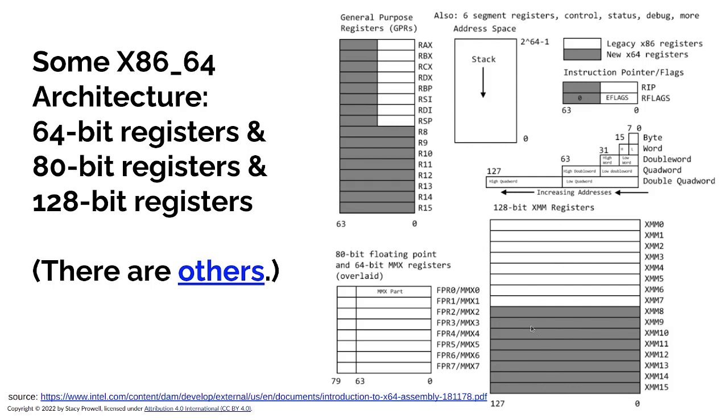So it's not at all confusing that we have MMX and XMM, but we do. We also have the YMM series registers, which are 256 bits, and we have the AVX-512 registers, which are 512 bits. And there are some versions of the processor that have even larger ones. We don't need to get into that.